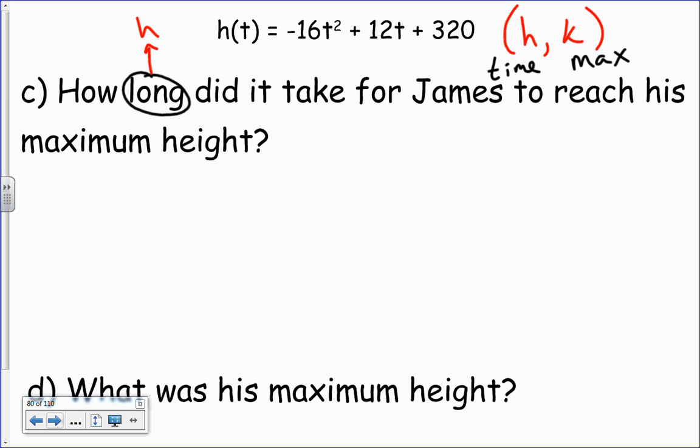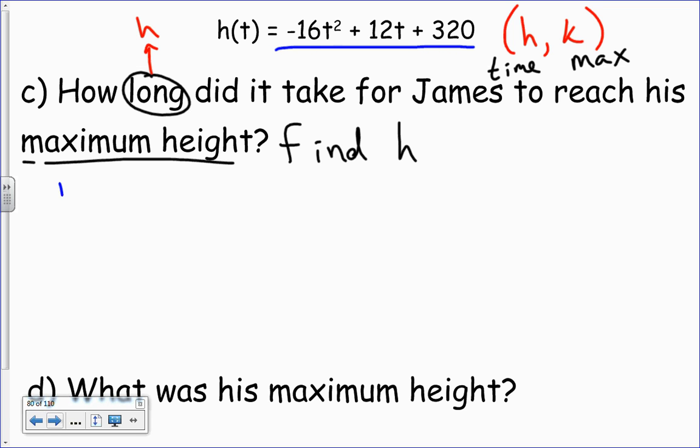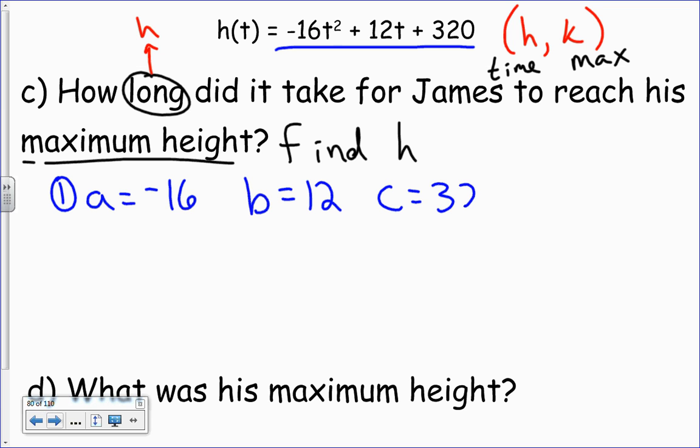All right? So, for this one, we want to find h. Now, if you remember back to going from standard form to vertex form, the first thing we did was we labeled A, which is negative 16, and we've already done this. We labeled B, which is 12, and we labeled C, which is 320.